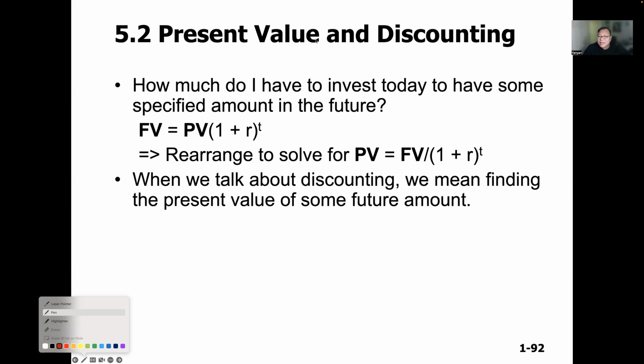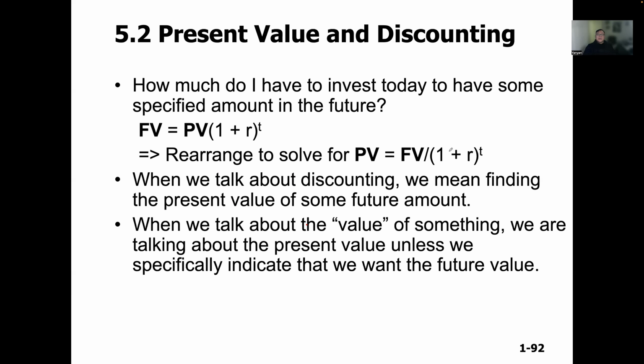That's why it's discounting. Normally, when we talk about the value of something, we talk about the present value, unless we are pretty clear that we are talking about future value, because when we are talking now, the value is the present value.